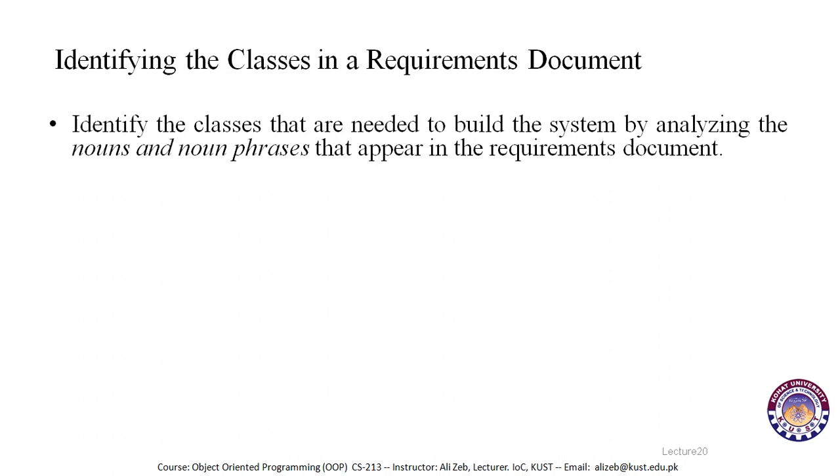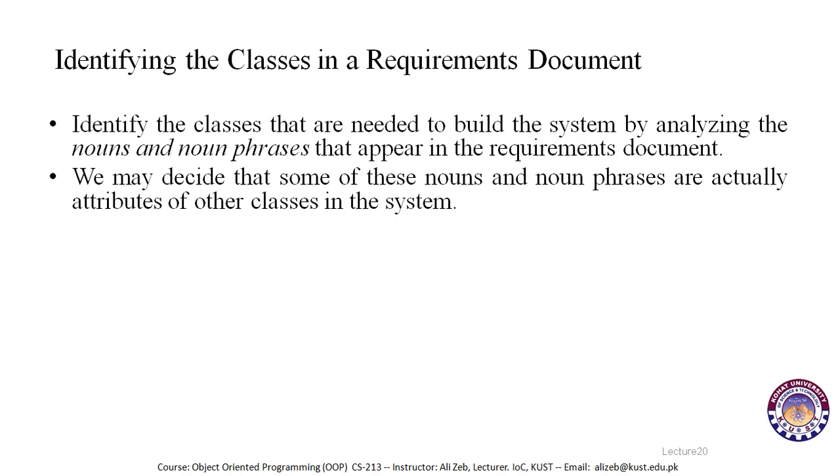These can be your potential candidates for classes. With further analysis, you might include more classes or remove some of these, but as an initial stage, it will provide you a list of your potential classes.